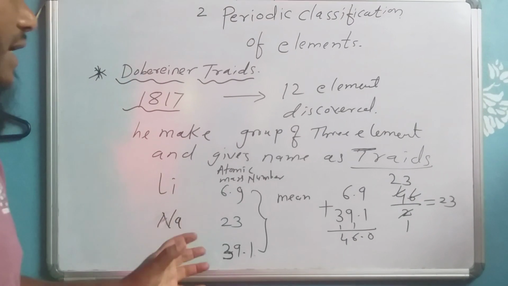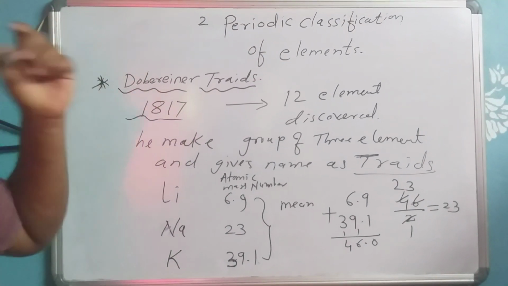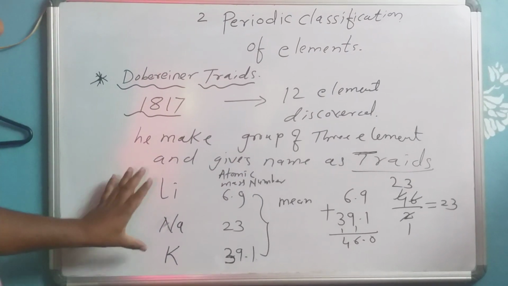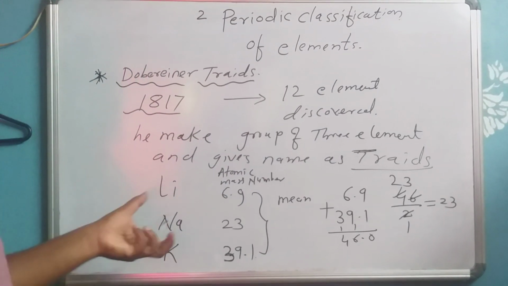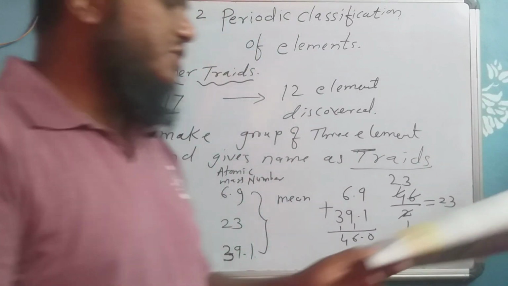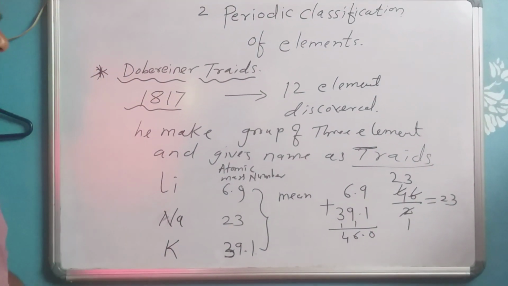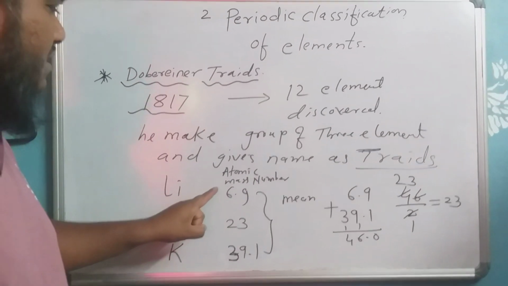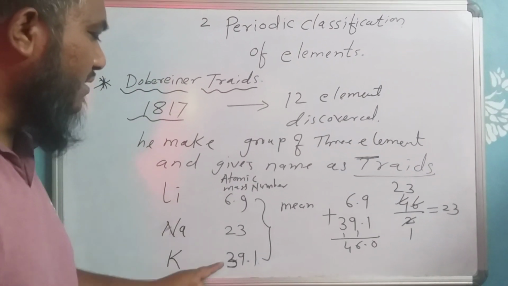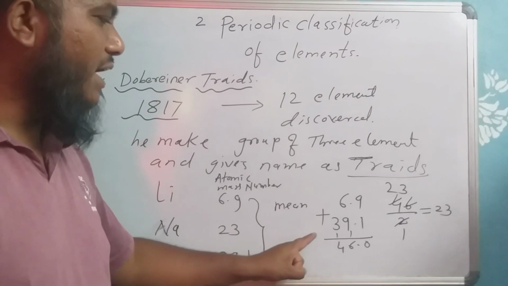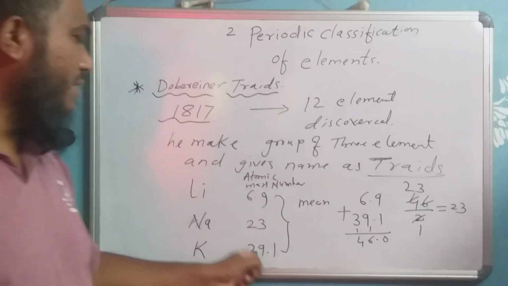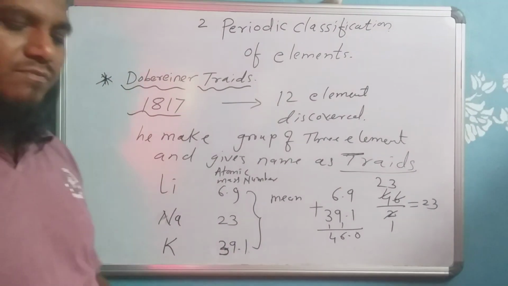Now keep in your mind, Dobereiner made triads which are given on page number 16. Every triad follows this triad theory. When we take the atomic masses of the first and third elements and add them, the mean of these two is approximately the same as the middle one.